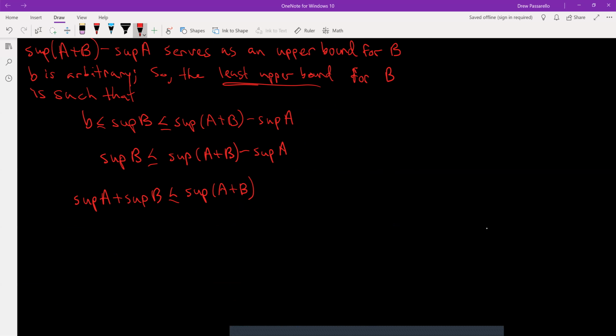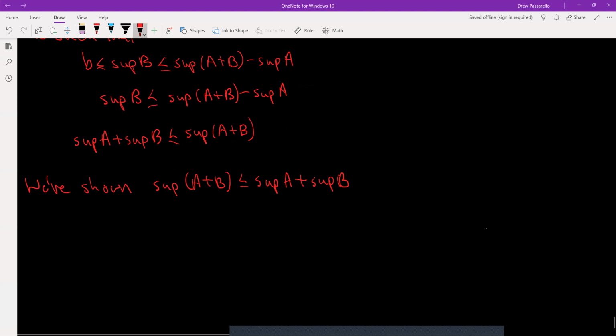So we've shown from case 1, sup of A plus B less than or equal to the sum of the sups from each one, sup of A plus sup of B. That was case 1. And then we just did the second case.